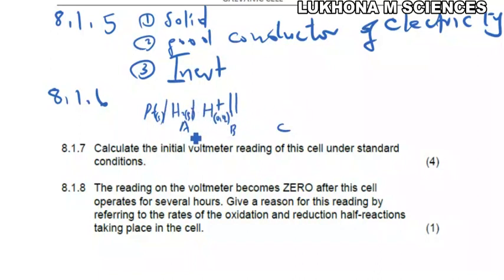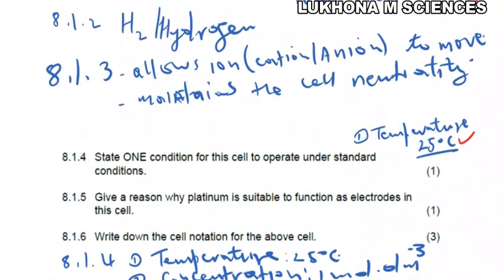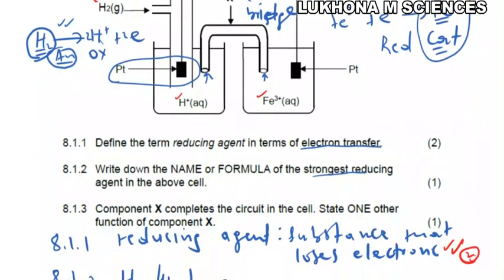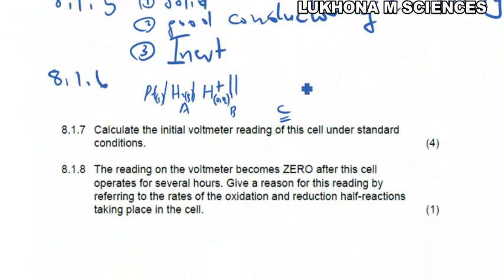Okay, on the cathode side, what do we have there? On the cathode, the ions are Fe2 plus and Fe3 plus. This one is an aqueous solution, and this one is also an aqueous solution, which means there will be no phase boundary because this is the same phase.